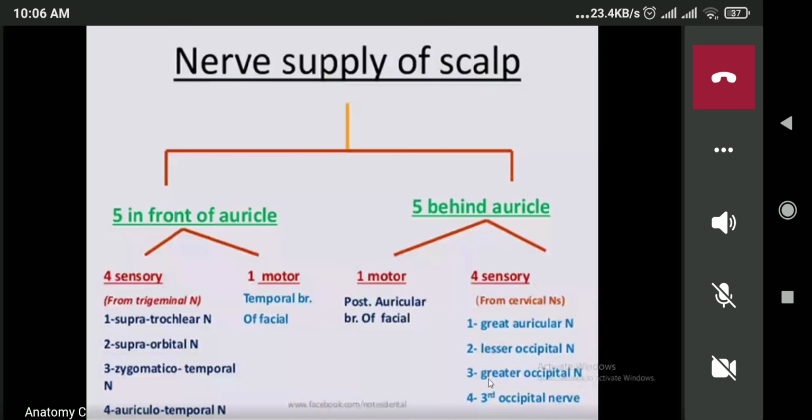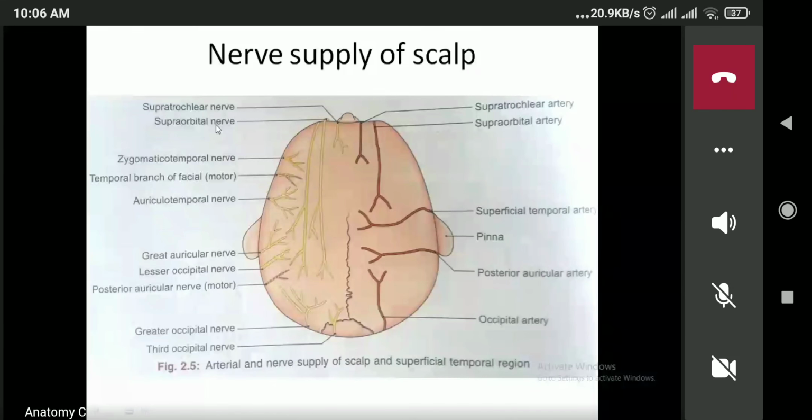As we have seen from this diagram, the trigeminal nerve and cervical nerves have a considerable overlap. The dermatomes of the trigeminal nerve and the dermatomes of the cervical nerves overlap considerably.